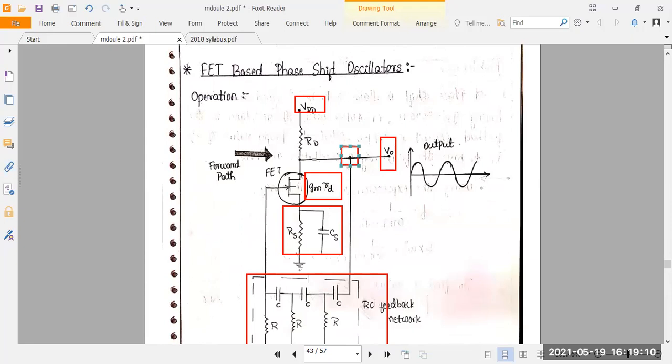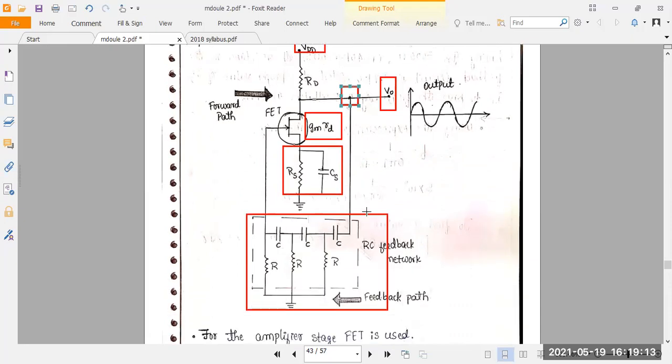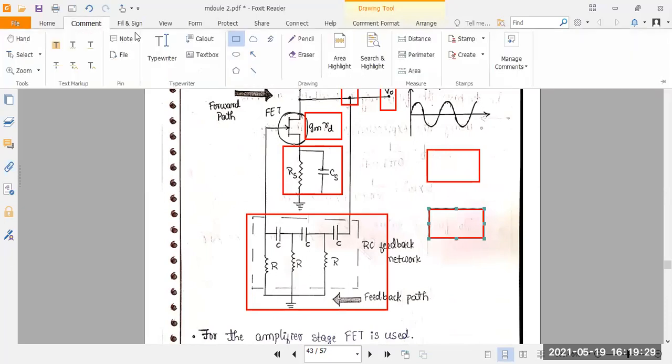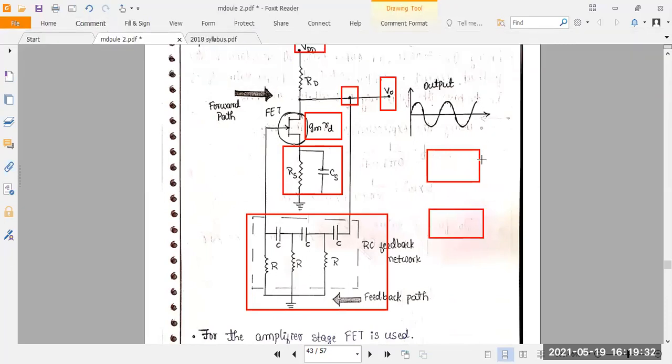The output of the amplifier is connected to the feedback network, and the output of the feedback network is connected to the gate. So first they have taken the amplifier, after that the feedback. The output of the amplifier is connected to the input of the feedback network.